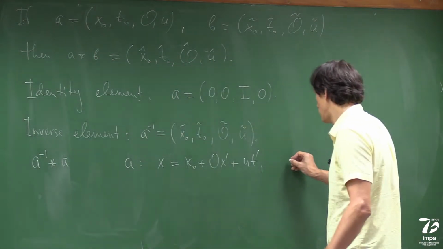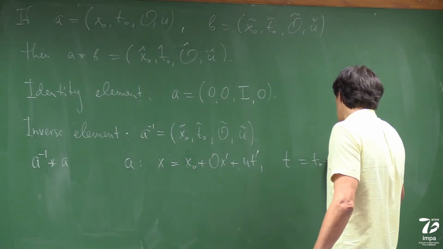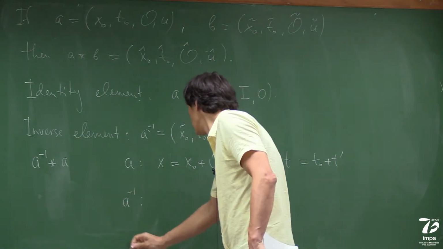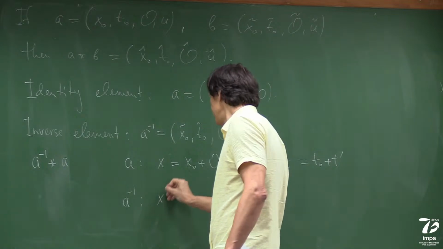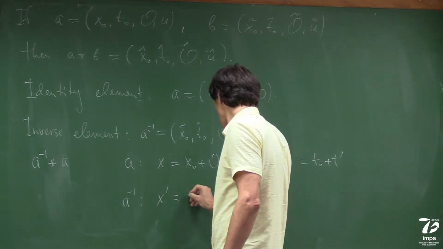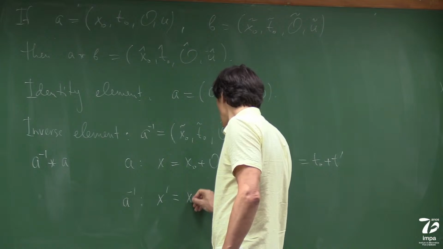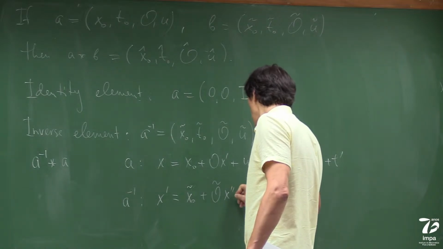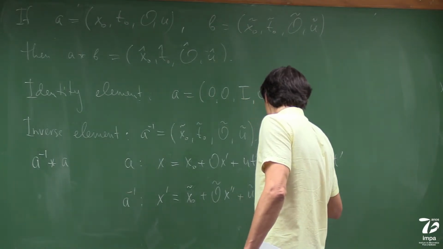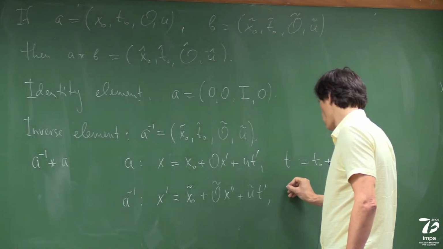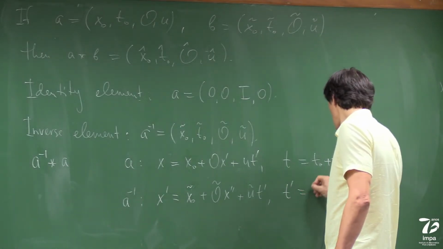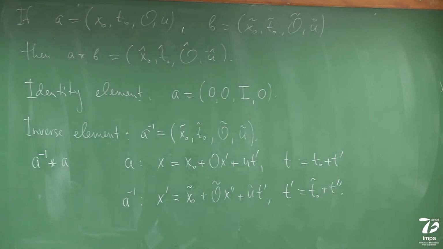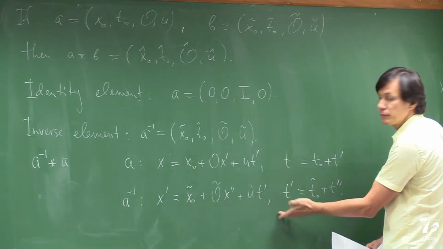And then t equals t0 plus t prime. And then A minus 1 is the next layer. Right? So we made the first transformation and then we made the second transformation.